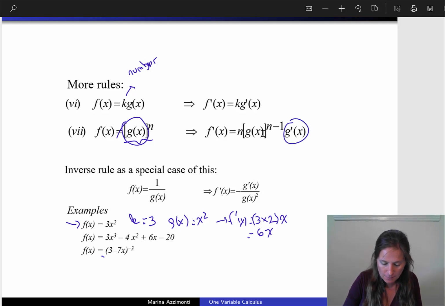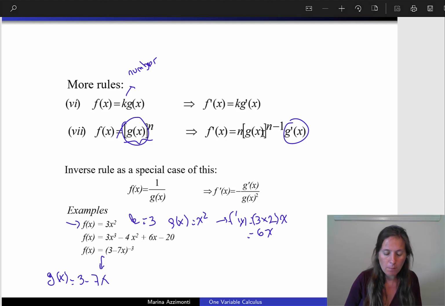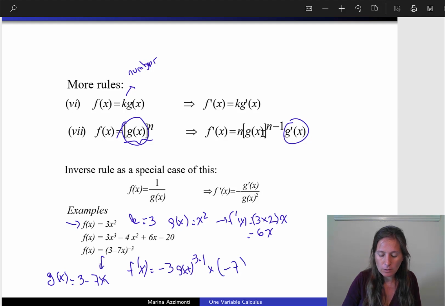So here is an example. Here our g of x is equal to 3 minus 7 times x. So our f function is g of x to the minus 3. So what is f prime of x? F prime of x is going to be minus 3 times g of x to the minus 3 minus 1, which is minus 4, times the derivative of g with respect to x, which is minus 7.